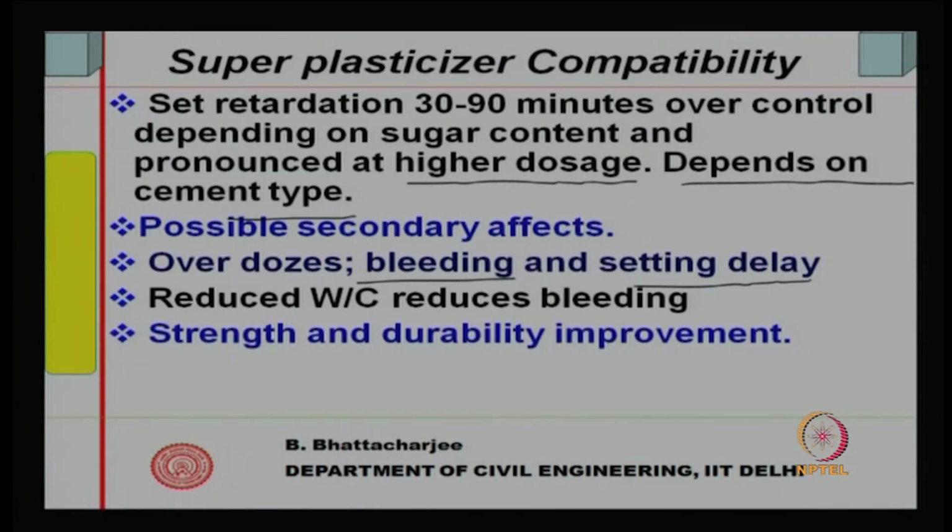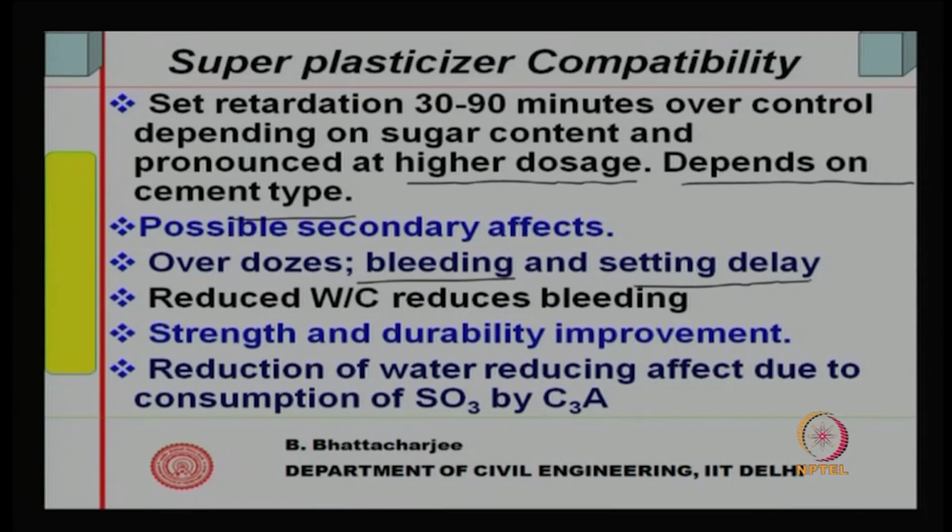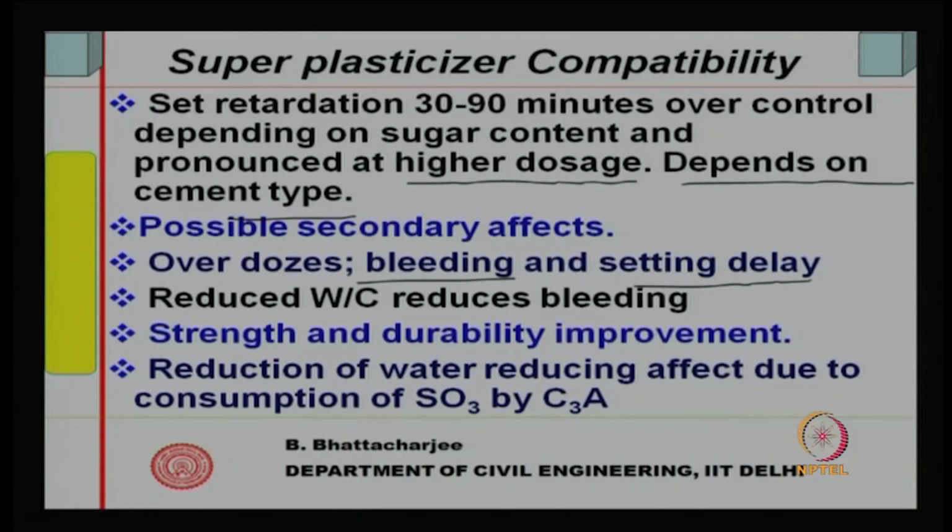So, that is right, and there can be reduction of water reducing effect due to consumption of SO3 by C3A. This can be an effect. For example, sulfonated superplasticizer or plasticizer, sulfonated compounds, might react with high C3A cement, and the water reducing effect may be reduced.